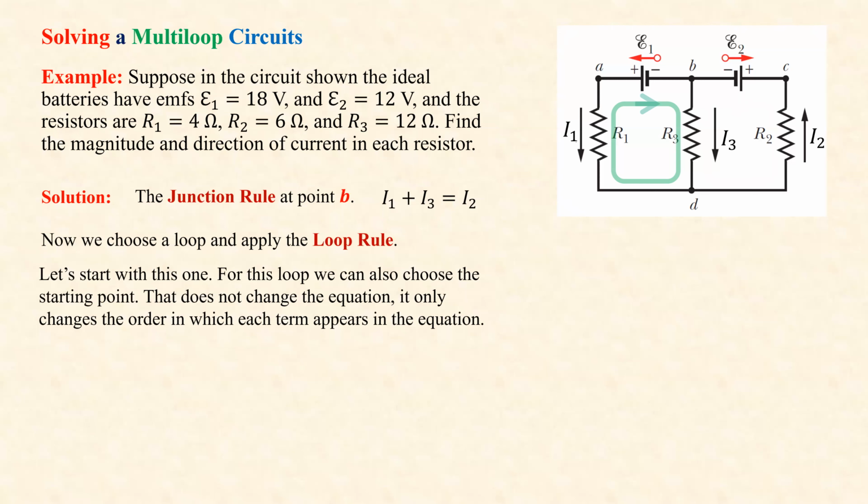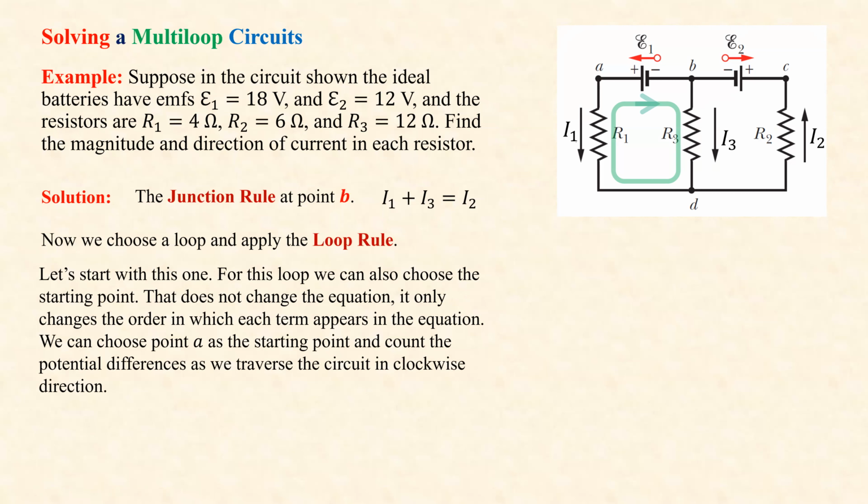Changing the starting point doesn't change the equation. It only changes the order in which each term appears in the equation, which, because summation is commutative, doesn't really matter. We can choose point A as the starting point and count the potential differences as we traverse the circuit in clockwise direction.